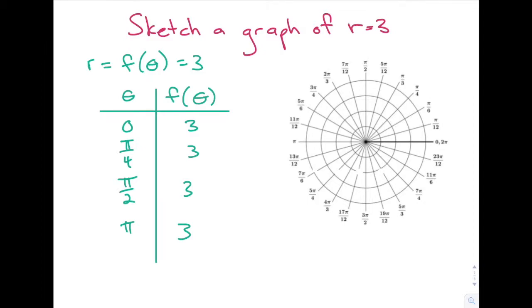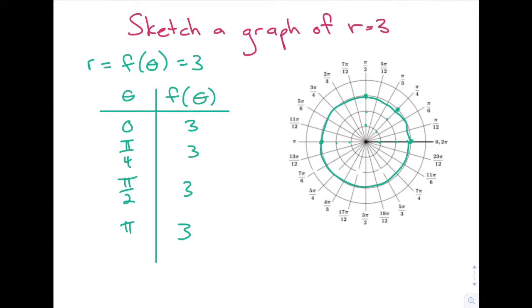If we plot these points, we go out 1, 2, 3 units at pi over 4. Again, we're tracing out theta first and then moving out that distance. Now we go over to pi over 2 and trace out 1, 2, 3 units. Go to pi, trace out 1, 2, 3 units. And indeed, the graph of r equals 3 is a circle.